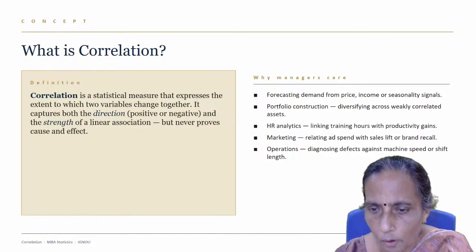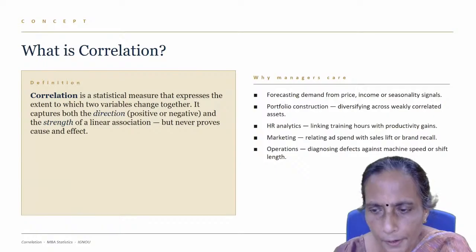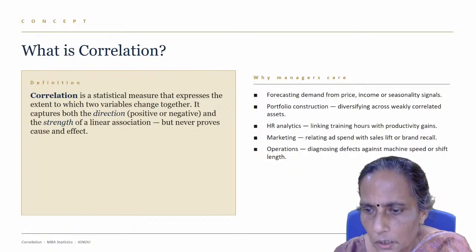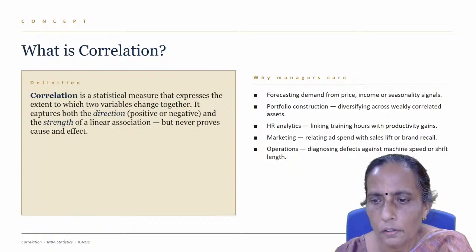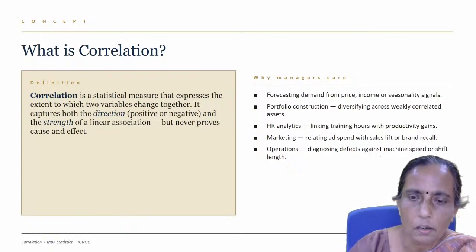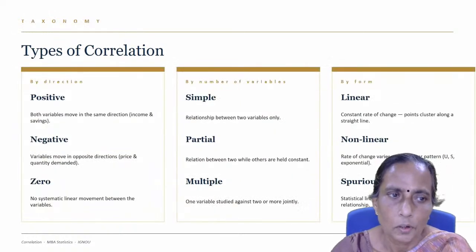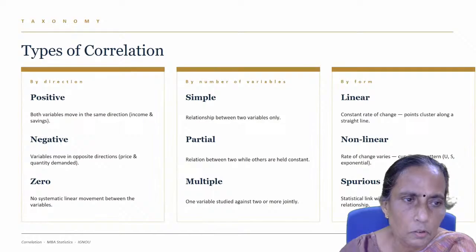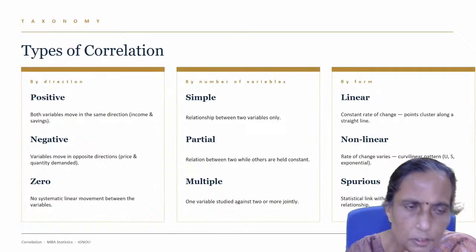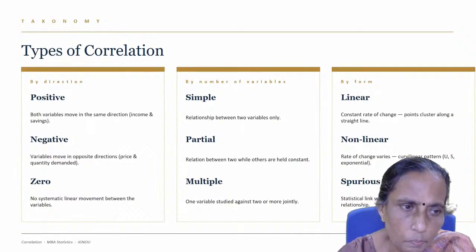And in the operations area of managers, diagnosing defects against machine speed or shift length, or diagnosing the number of defects amongst a lot, and so on. So, going forward, the types of correlation. If we say types by direction, then they are positive, negative, and zero.